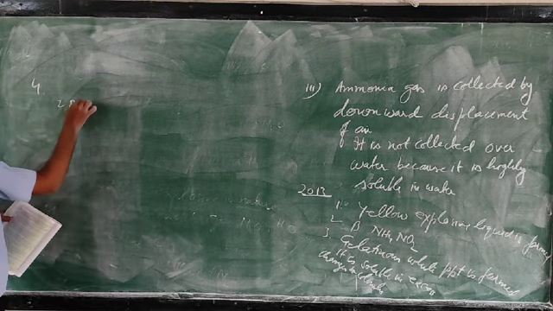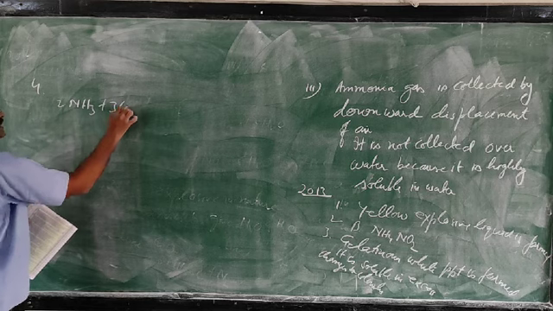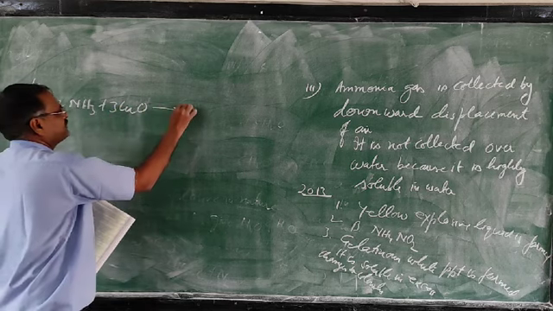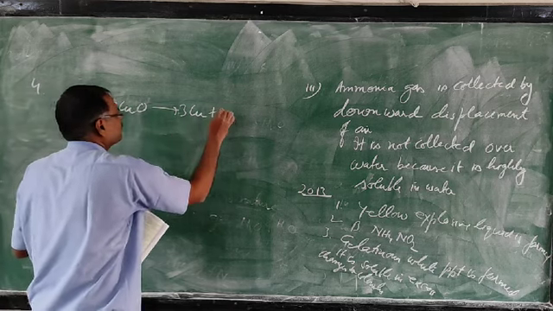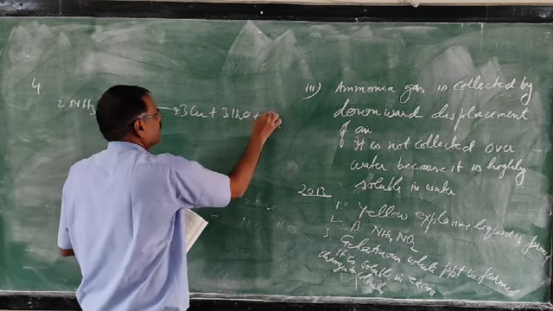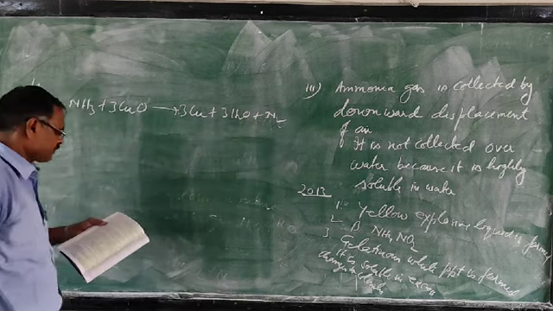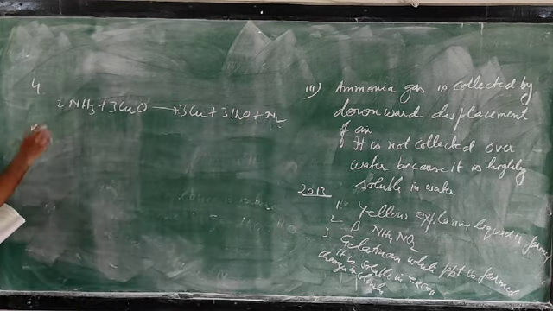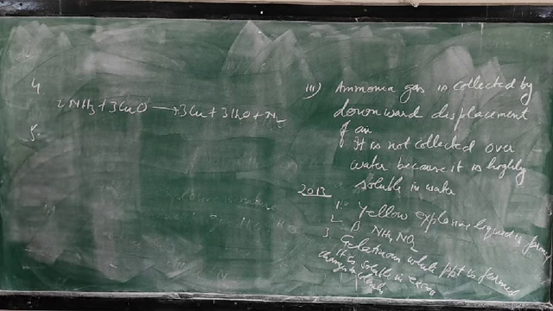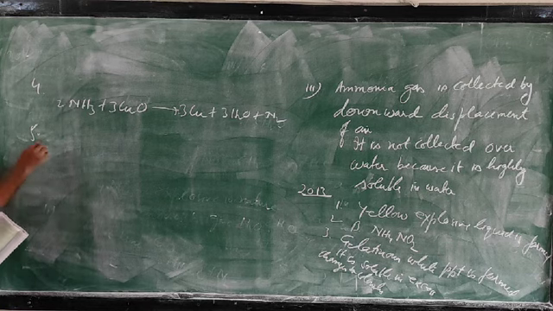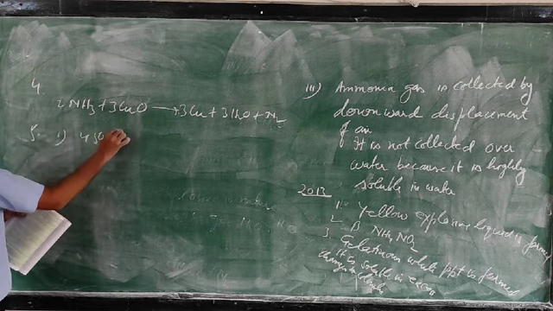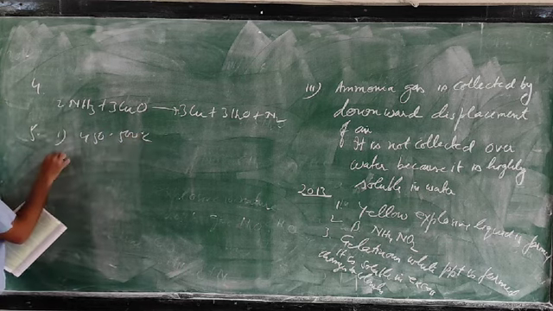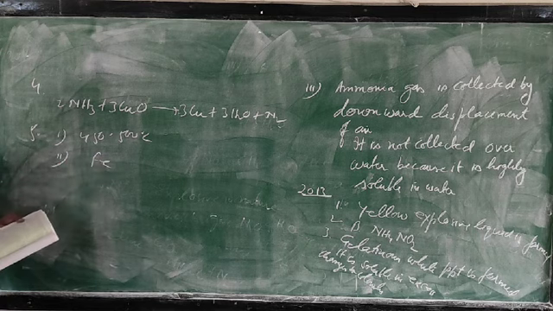So 2NH3 plus 3CuO gives 3Cu, 3H2O plus N2. Then the fifth one: state the temperature and catalyst in Haber's process. The temperature is 450 to 500 degrees Celsius and the catalyst is iron.